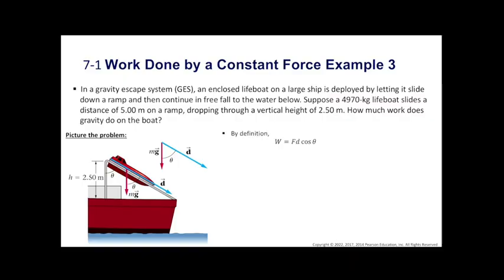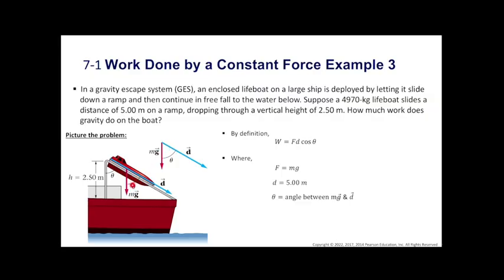Now, by definition, we know that work is force times d cos theta, and in this case, force is simply the force due to gravity, which is equal to mg, and d is given, which is 5 meters, and the angle theta is the angle between the force and the displacement.